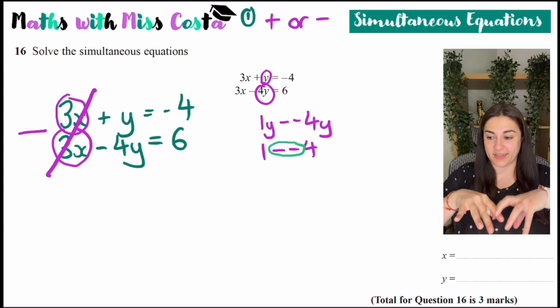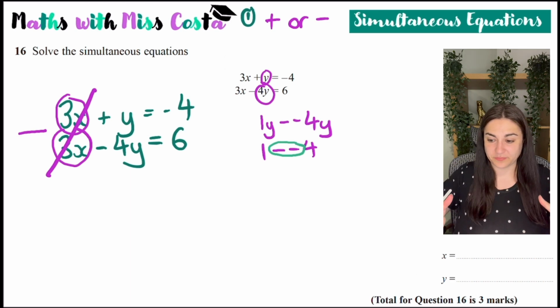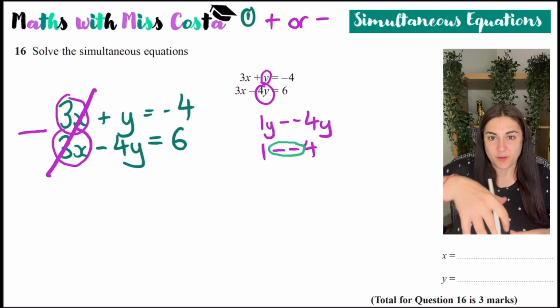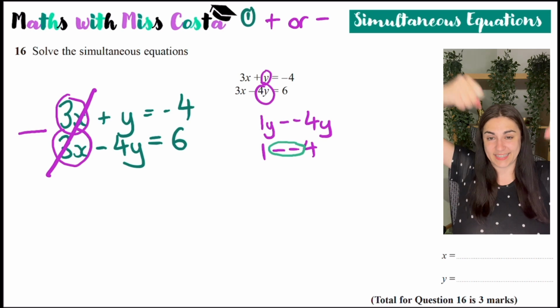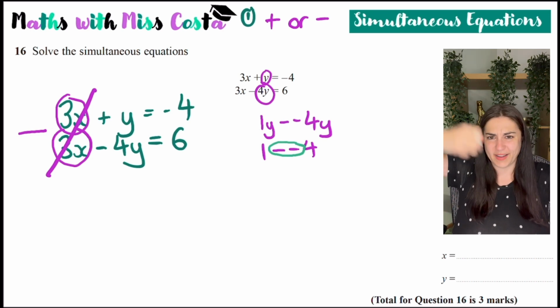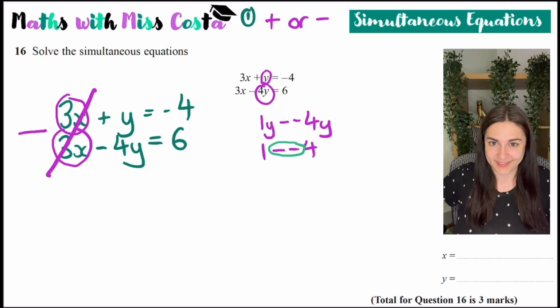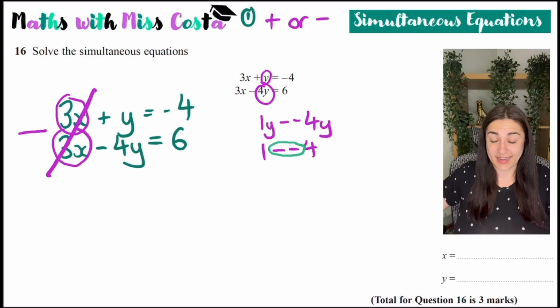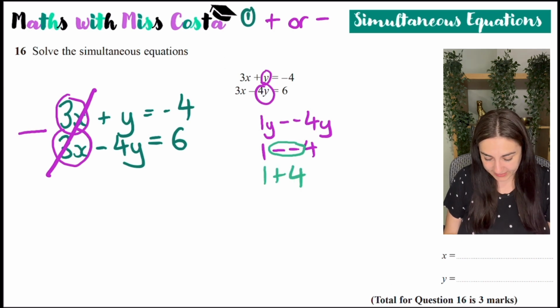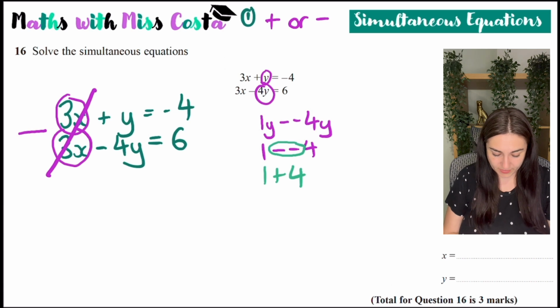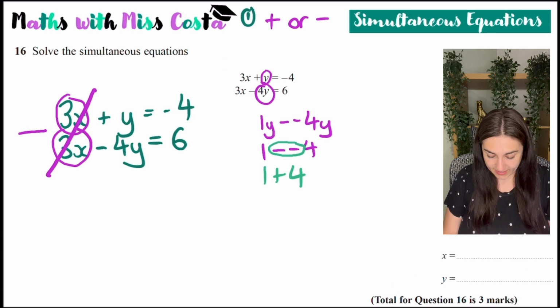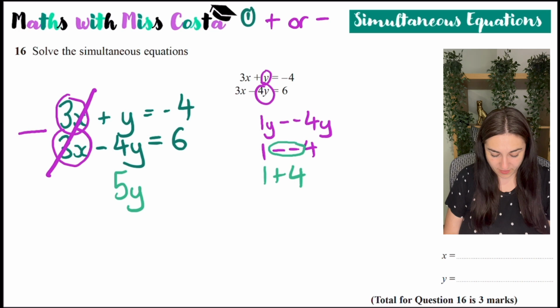Like if you think about it, you've got this large bucket of ice to cool your drinks down, but you take away the negative ice cubes, okay? So the more ice cubes you take away, the warmer it's gonna get. So when you take away a negative, it's the same as adding. So that would become 1 plus 4. So 1y plus 4y would be 5y.